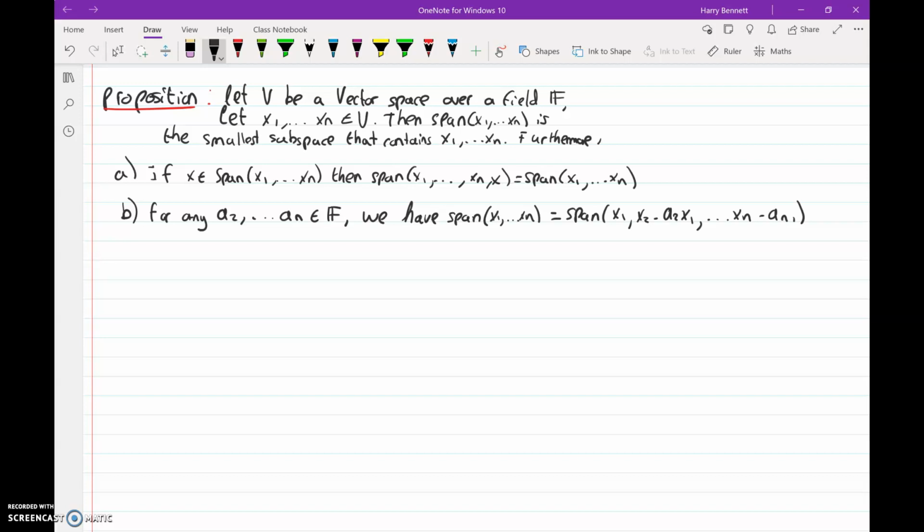Furthermore, if x is in the span of x1 up to xn, then the span of x1 up to xn and x is equal to the span of x1 up to xn. Secondly, for any a2 up to an in F, the span of x1 up to xn is equal to the span of x1, x2 minus a2 x1, up to xn minus an x1.